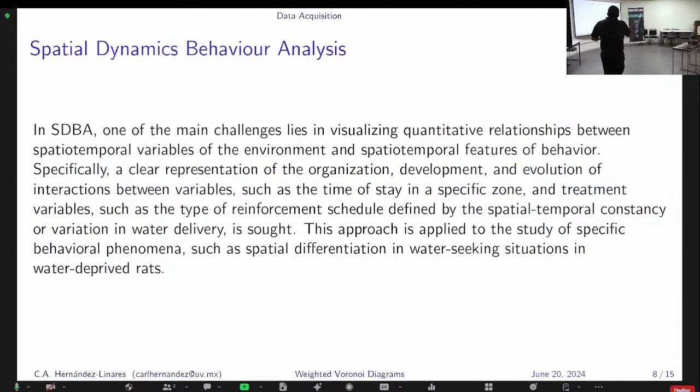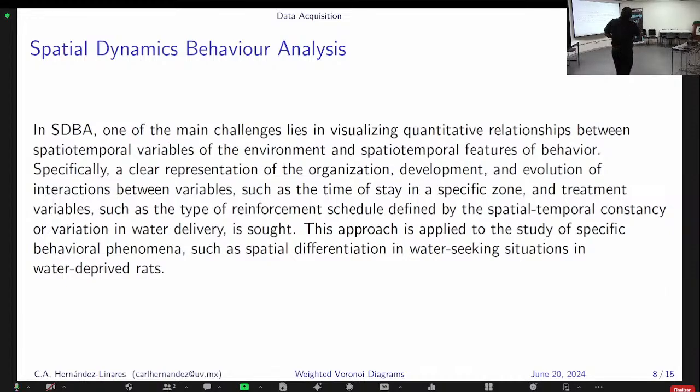In SDBA, one of the main challenges lies in visualizing quantitative relationships between spatio-temporal variables of the environment and spatio-temporal features of behavior, specifically a clear representation of the organization, development, and evolution of interaction between variables, such as the time of stay in a specific zone, and treatment variables, such as a type of reinforcement schedule defined by the spatial-temporal constancy or variation in water delivery.